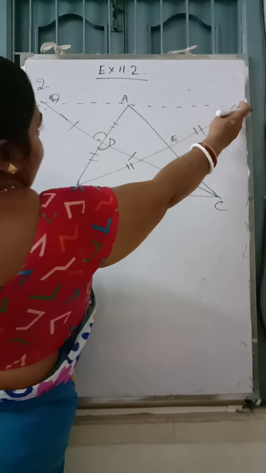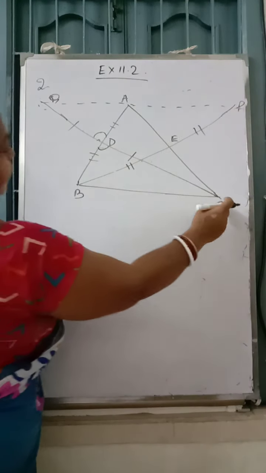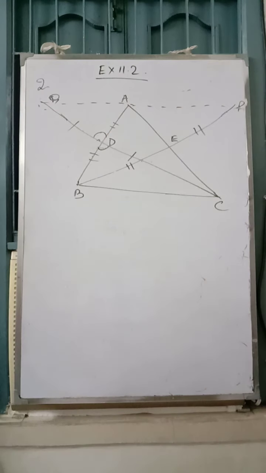Again triangle AEP is congruent to triangle BEC. So we can prove QA is equal to AP. Once that is proved, Q, A, P are in a straight line. Now QA plus AP gives you QP, so A is the midpoint. That only you have to prove.